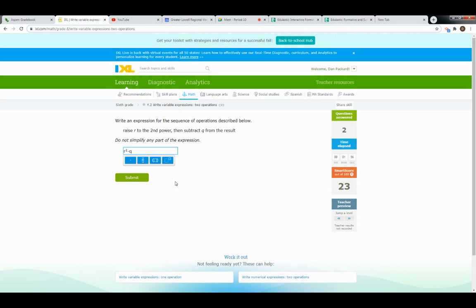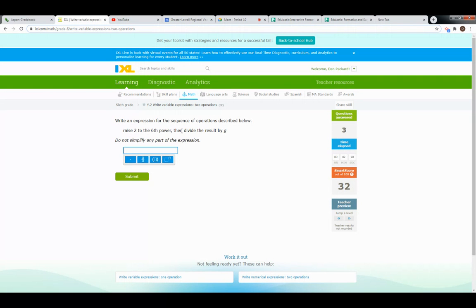So this word result is actually putting this r to the second power here, which is why the order is that way. So that's really confusing. Be careful with it. These are the really tricky questions.